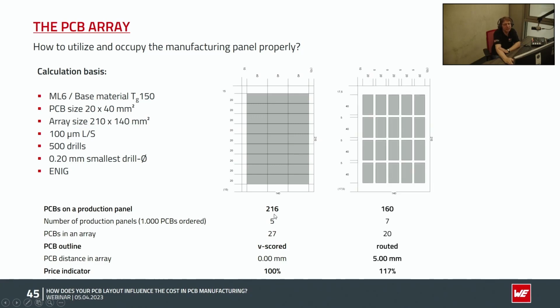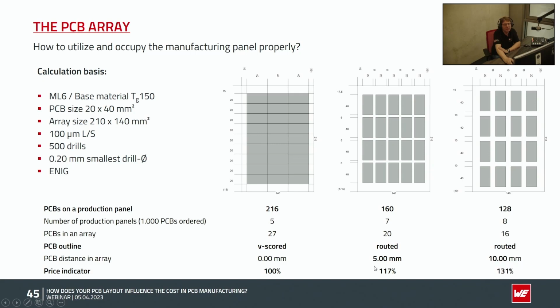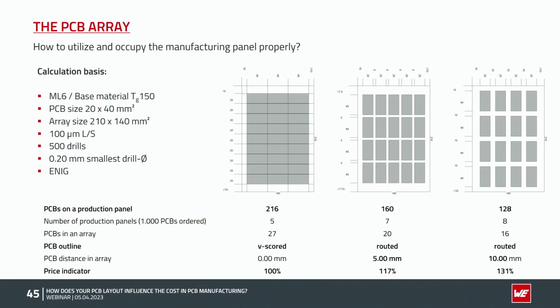Changing to milling would mean 160 with 5 millimeters separation channel, and if you need more separation channel, maybe due to connectors overlapping the outline, so changing from 5 millimeter distance to 10 millimeter distance, reducing to 128. So that's quite a huge impact on the price finally.